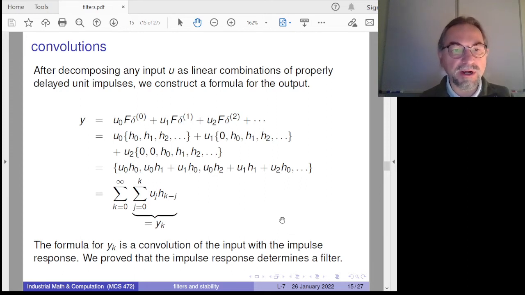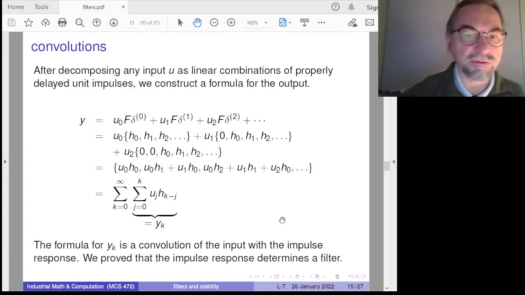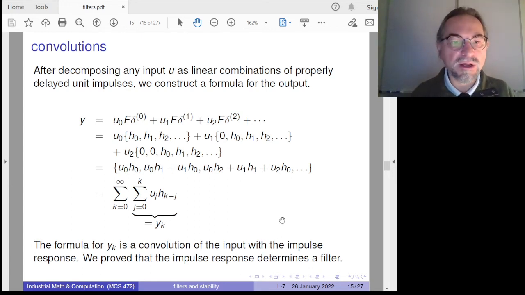Remember our notations: on the slides, we were using h0, h1, h2 as the output of the unit impulse. So h0, h1, h2 is the impulse response. And we're going to write it several times now. I stop here after 3 times.